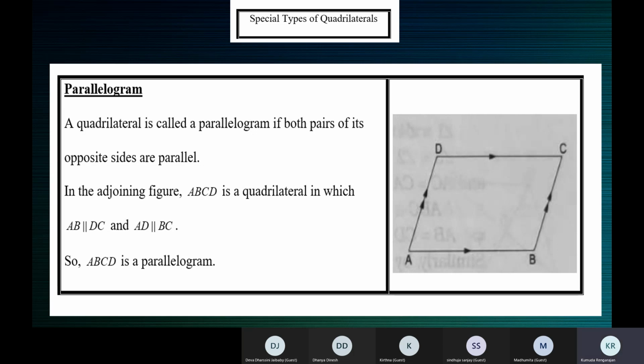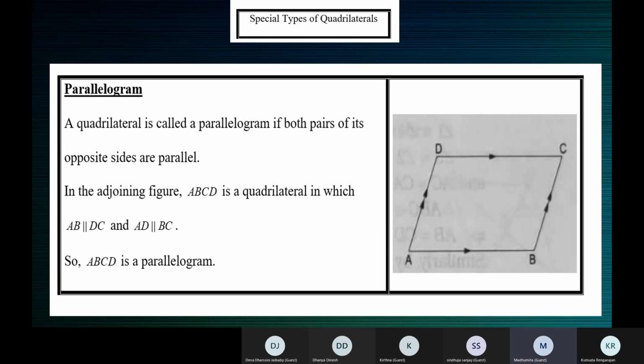Yes, Kirtana, what is the first point in your book? Both pairs of opposite sides are parallel. Okay, Madhumita, what's the second point? Ma'am, I couldn't note it down, my meeting got disconnected suddenly. Okay.